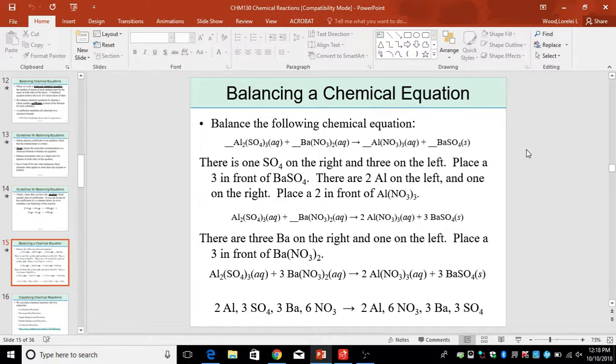Nope, don't need the 3. So it's aluminum sulfate. What is it combining with? What's the name of that next stuff? Barium nitrate. Nitrate, right? Okay. And it's yielding, what's it making? Aluminum nitrate and what else? Very good. All right. I'm going to balance this.